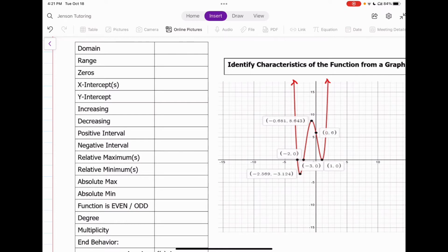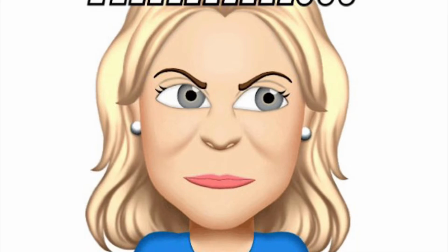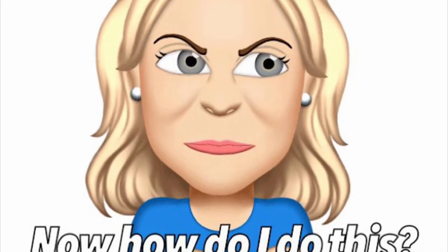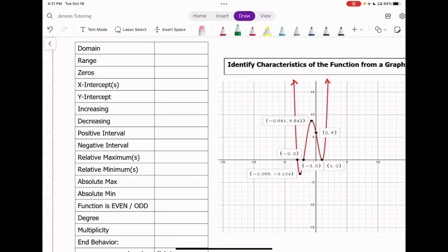And we are asked to identify all of the different characteristics of this graph that are listed here. If you aren't sure what these characteristics mean, pause the video and go back, and you can scroll through the definitions that we showed at the beginning of the video. All right, let's get started.